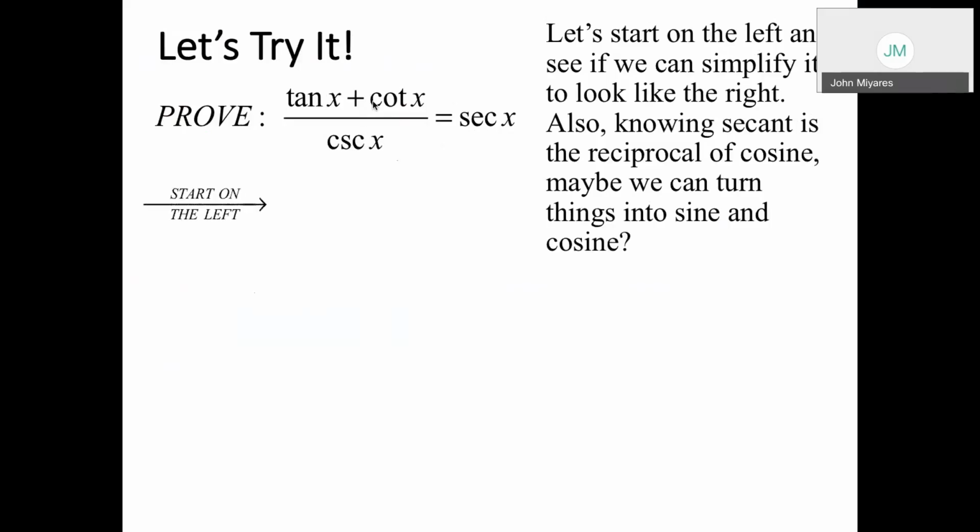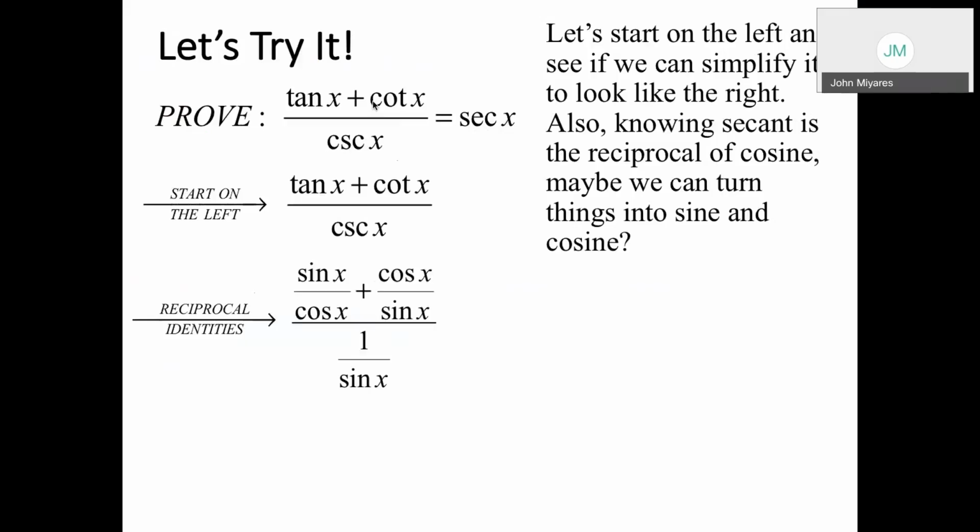So starting on the left, we have our expression tangent of x plus cotangent of x, all divided by cosecant of x. Applying the reciprocal identities to turn things into sine and cosine, we will get tangent turning into sine over cosine, cotangent turning into cosine over sine, and cosecant turning into 1 over sine. Next, before we can flip and multiply here, let's see if we can simplify that numerator a little bit by getting a common denominator put in here.